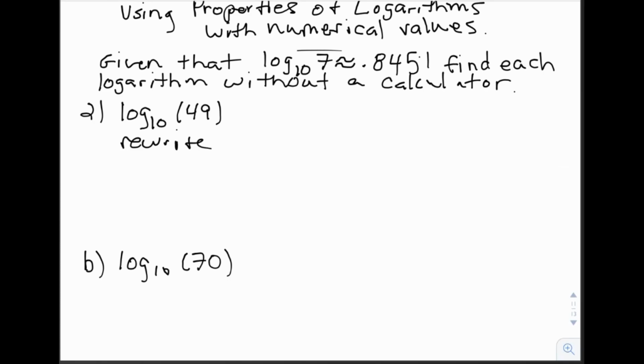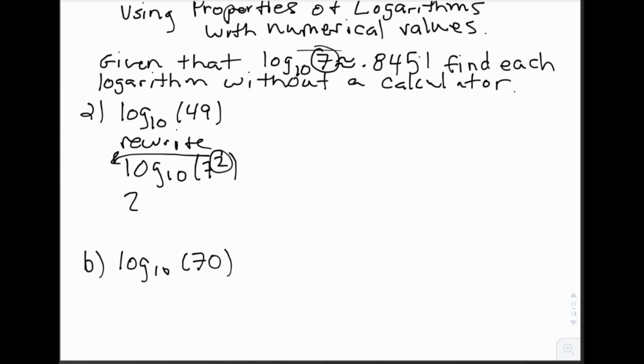Well, 49 is really 7 times 7, and that will be perfect for our example because we have a 7 here. So let's see if we can rewrite this. Log base 10, and we said 7 times 7. Well, how else can we write 7 times 7? How about 7 squared? So using our power property, we can take that 2 and move it out in front.